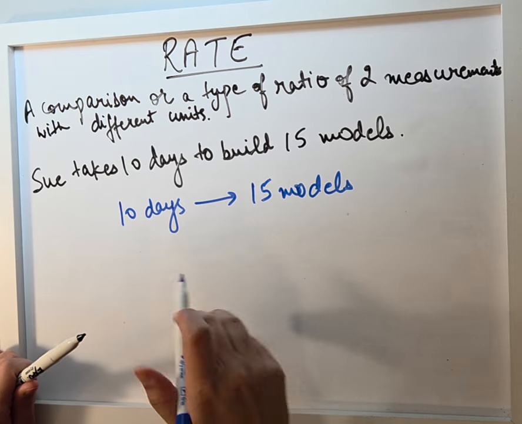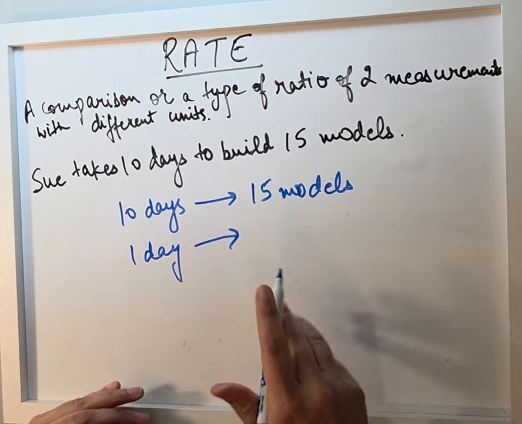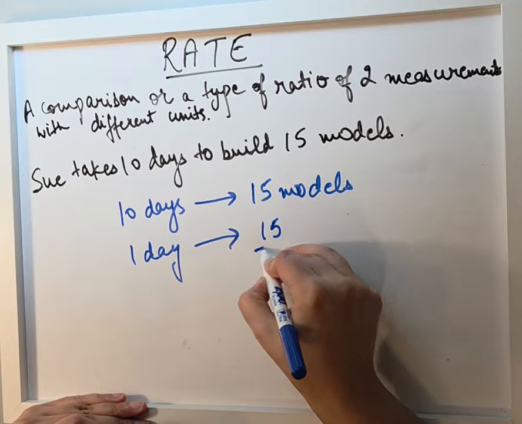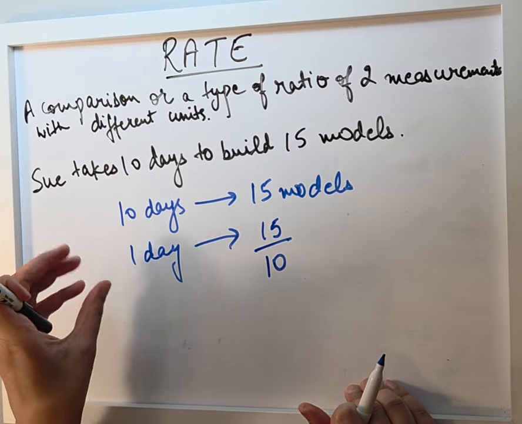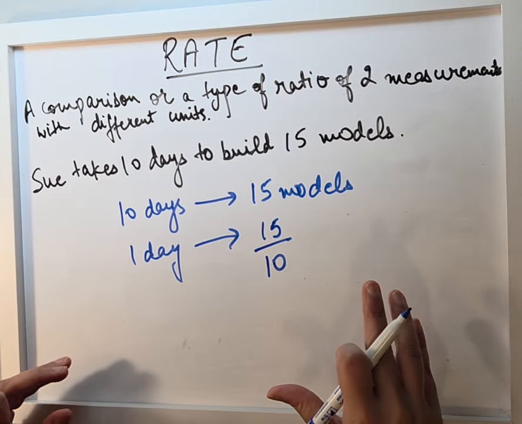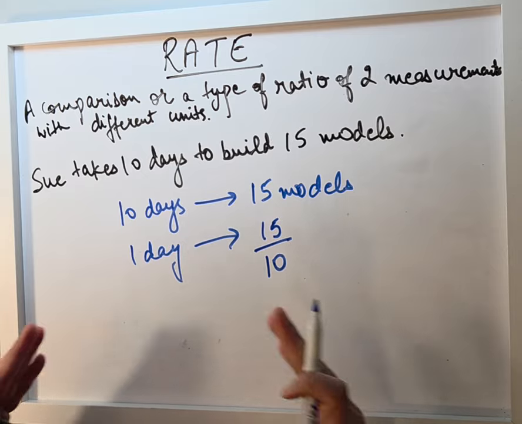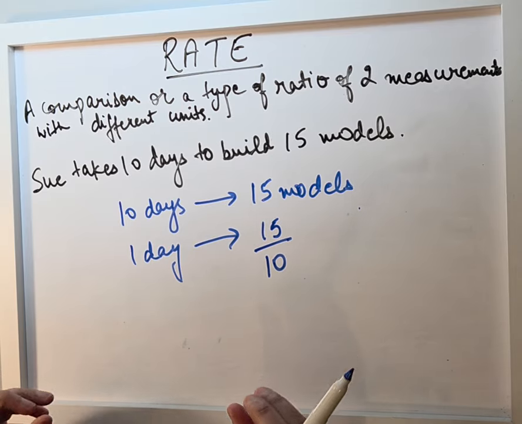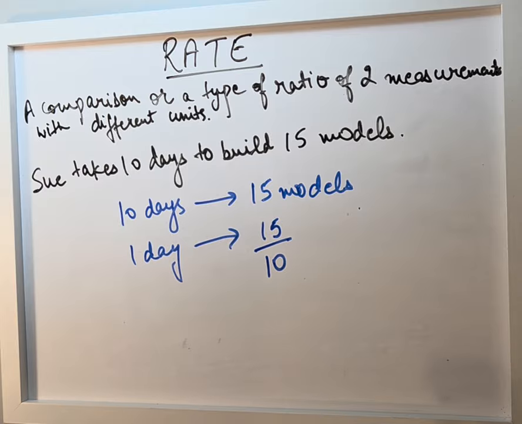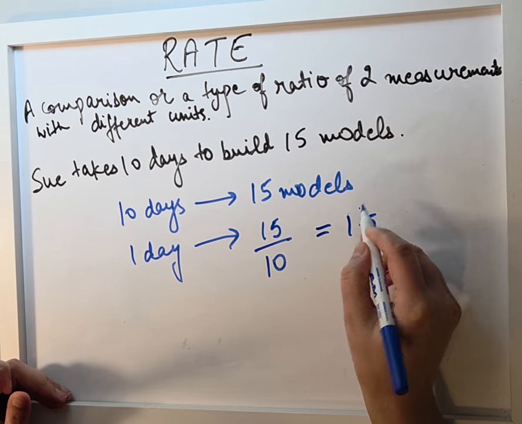So in one day, how many models can we do? It will be 15 divided by 10, because in total 10 days are required to do 15 models. If we divide 15 models by 10, we get 1.5.